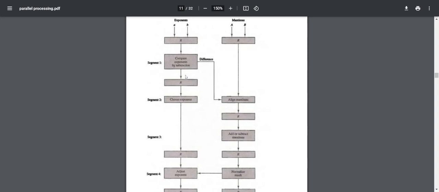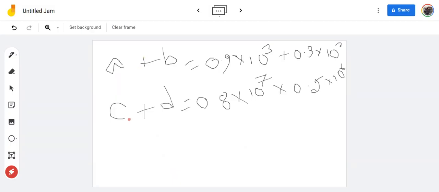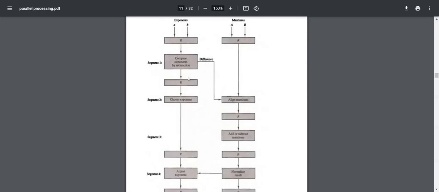So what you can do by following the route of pipelining, while in segment 2 the mantissas for the first instruction, that is A and B, are being aligned, you can introduce the second instruction, that is C plus D, into segment 1 to compare the exponents for instruction 2 once again. Now you can see how you are achieving some degree of parallelism here.